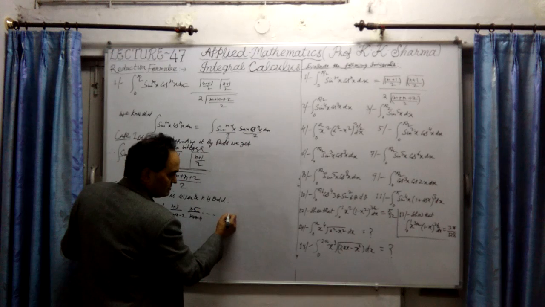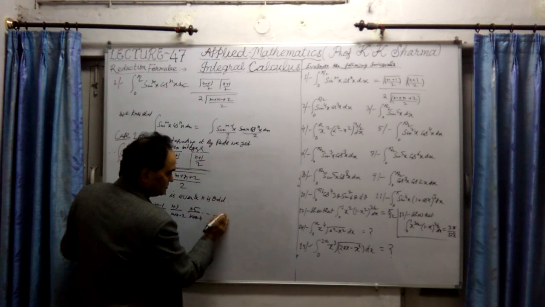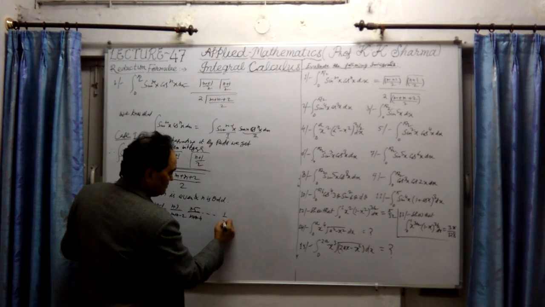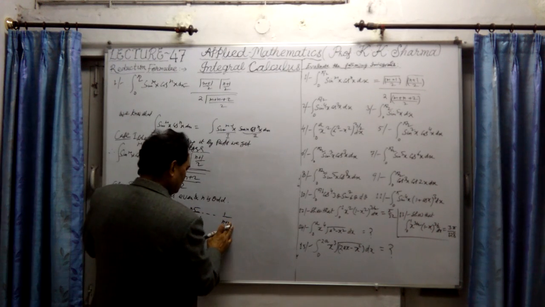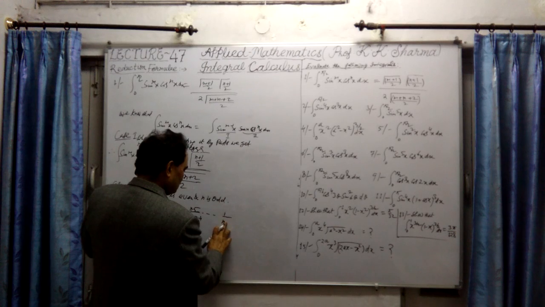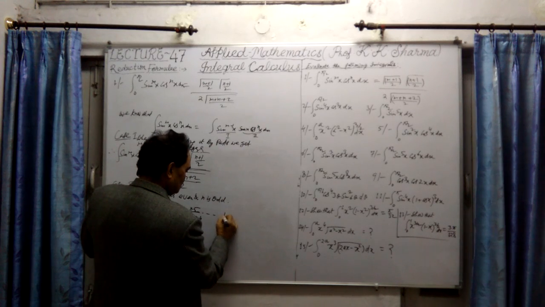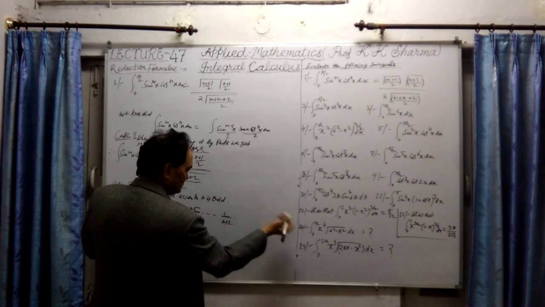The last step here will be 1 upon n plus 1. The first was m plus n, and then n plus 1 was the last one.